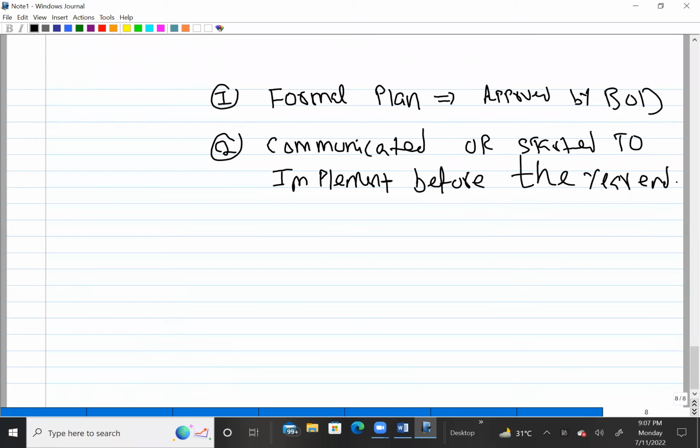If both these conditions are satisfied, then a provision for restructuring can be recognized. Otherwise, we cannot recognize a provision for restructuring.